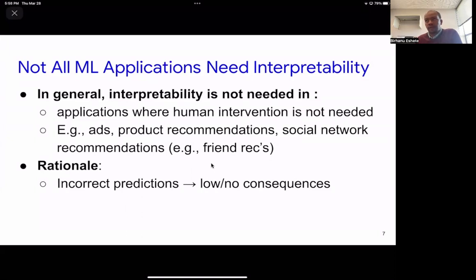That's not the end of the world. That's not going to affect your life in a big way, right? So the consequences are low, and oftentimes there are no consequences.